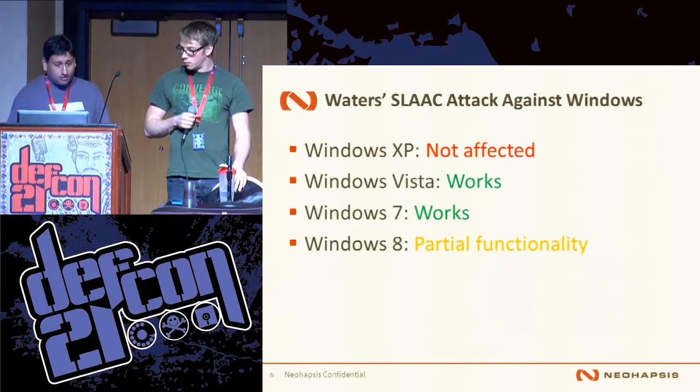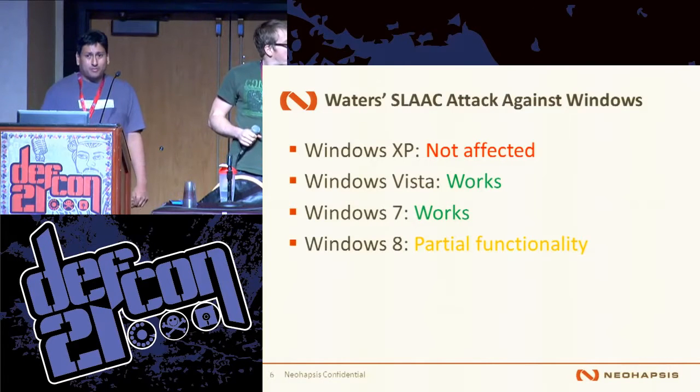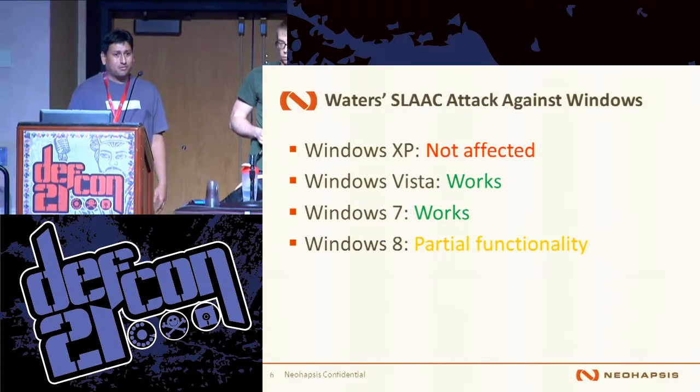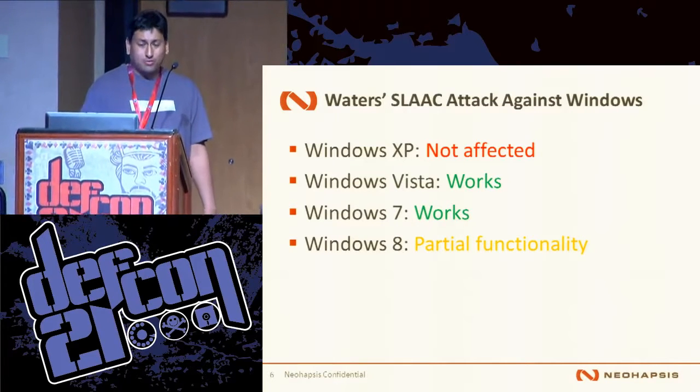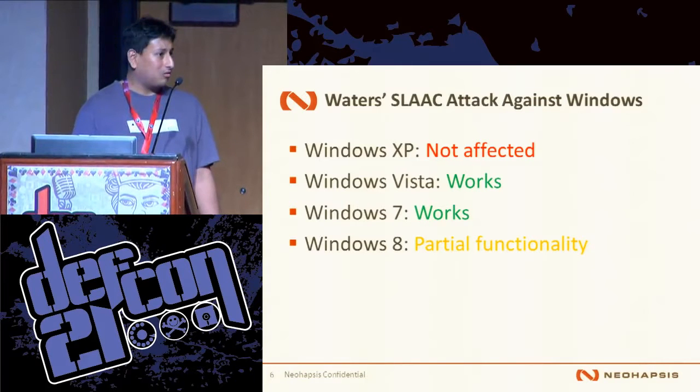So here's a brief history of the guide as presented by Alec Waters. First off, you'll note that Windows XP is not affected because it doesn't have an IPv6 stack. Vista and Windows 7 work for sure. When we were trying it in the lab, we got our hands on a copy of Windows 8, and we found that we couldn't get it to work properly the way that Waters had written it.